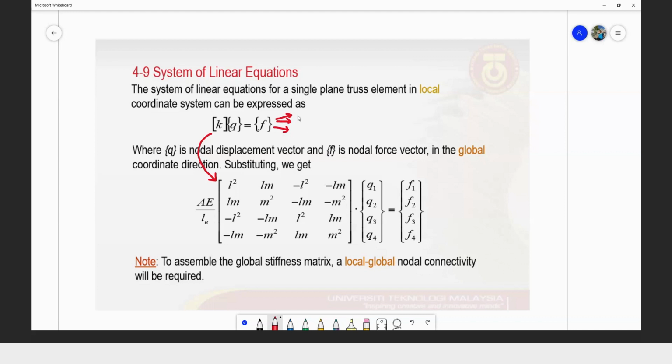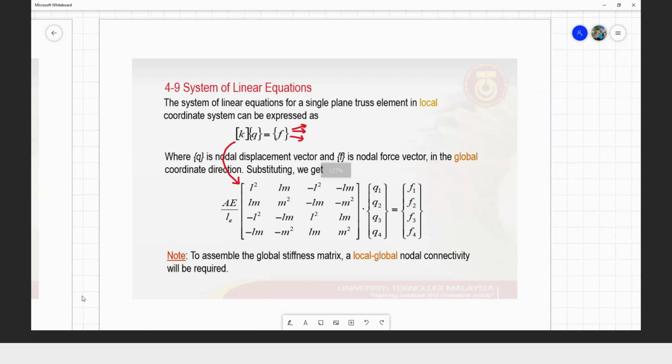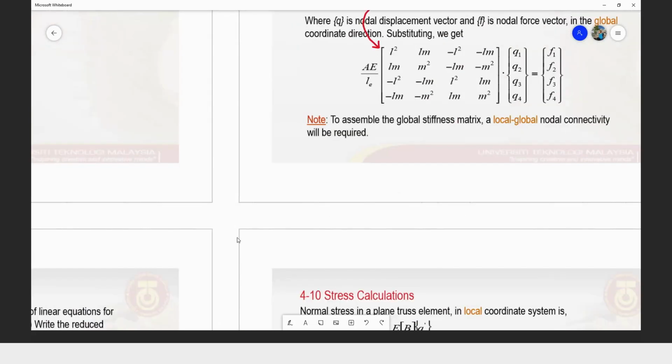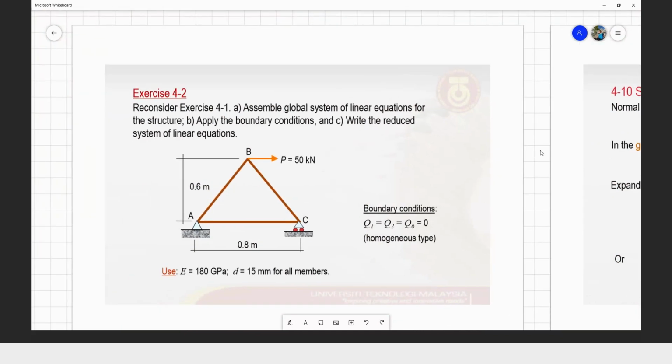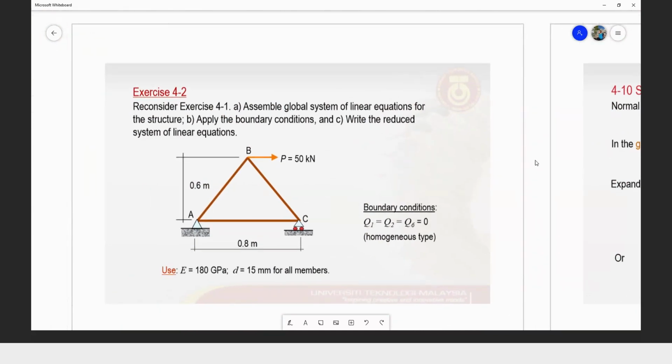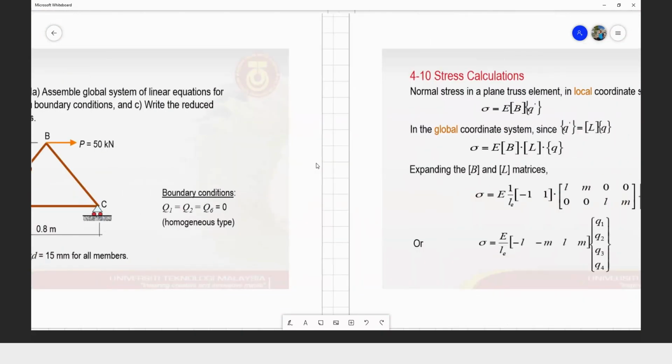If there are all three, body force, traction force and point load, then we have to consider all of them. But for plane trusses, we rarely ask you to solve for body force and also traction force.